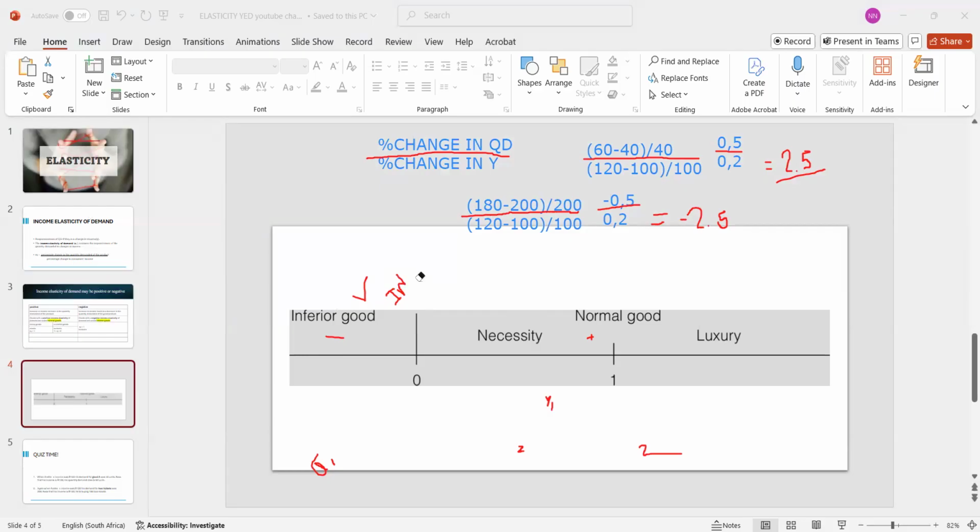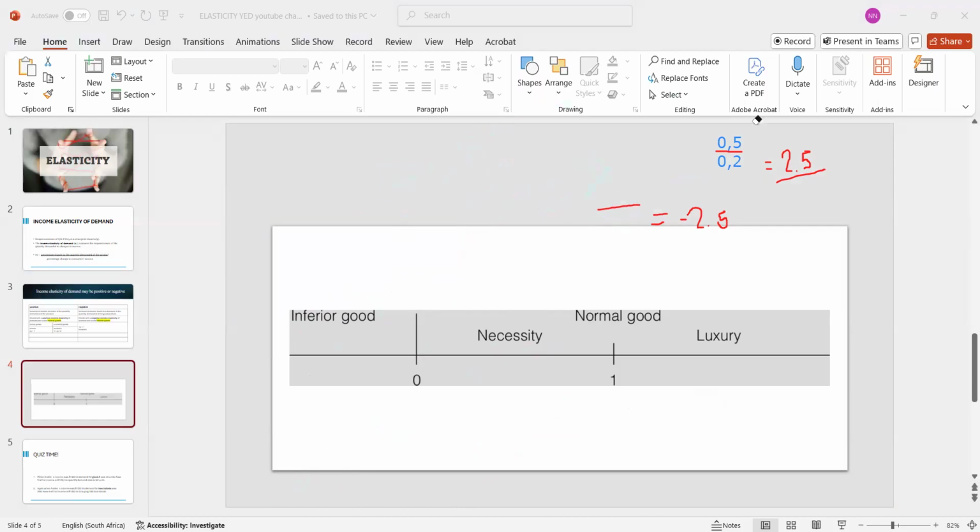Yeah guys, so that's just it with income elasticity of demand. I think this table is very important. Also keep in mind, when you look at this table, the normal good side is positive and this side is negative. So if the answer you get has a negative sign, it's an inferior good. If the answer has a positive sign, it's a normal good.